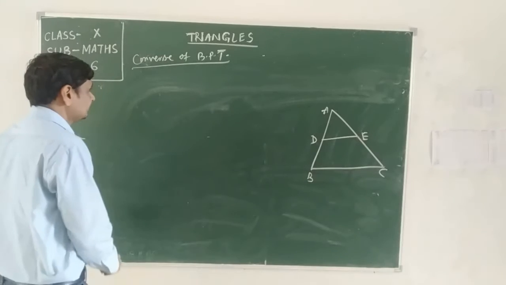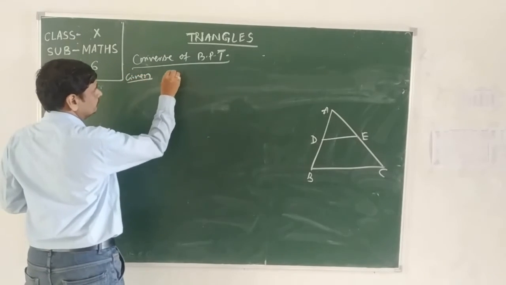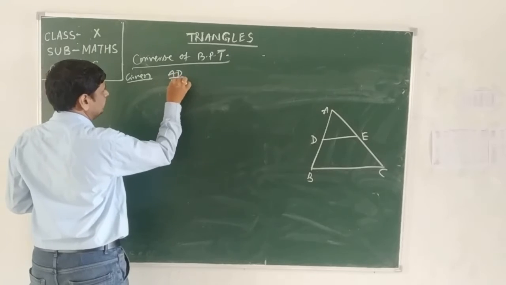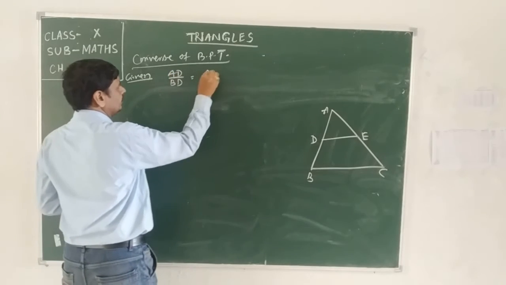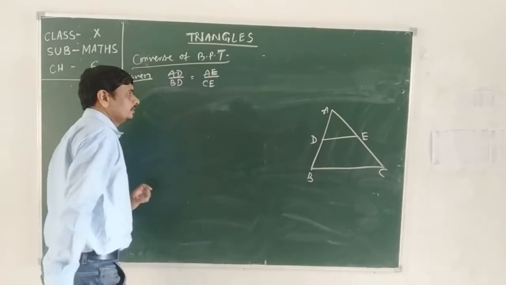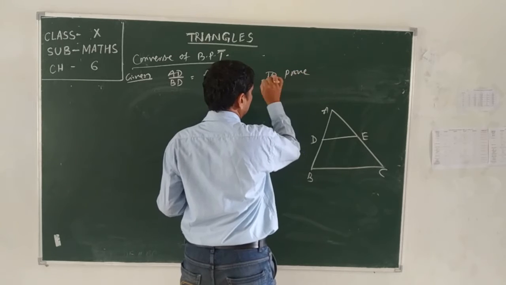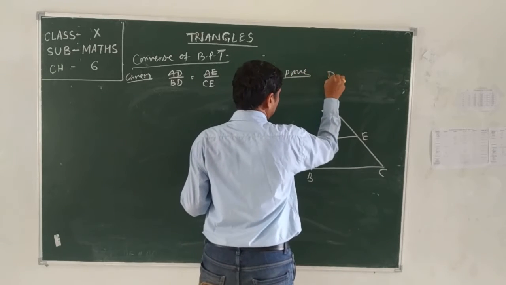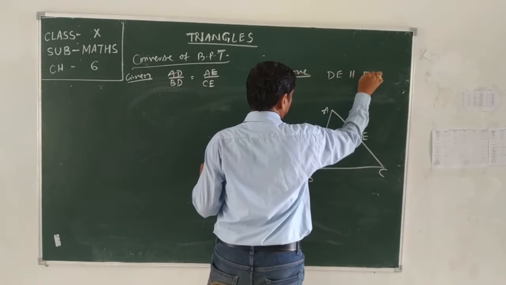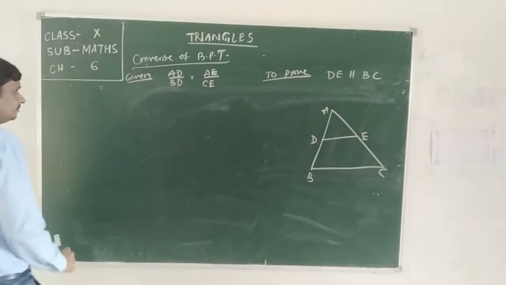It is given AD by BD is equal to AE by CE, and we have to prove DE parallel with BC.